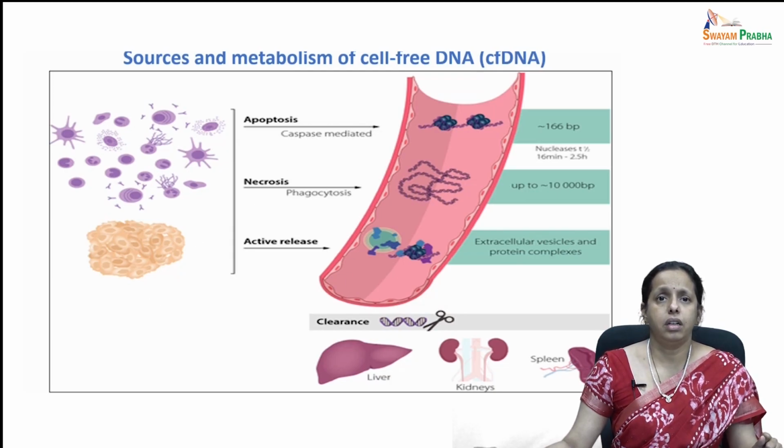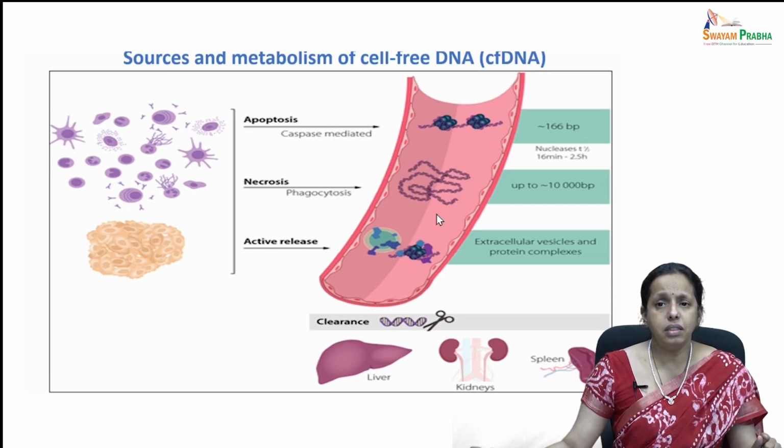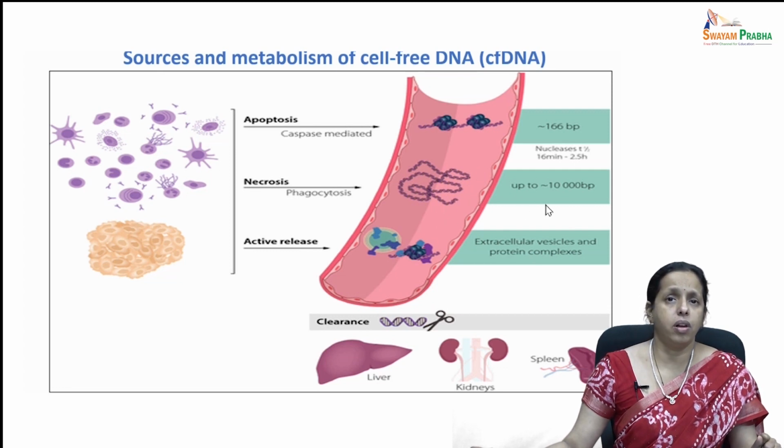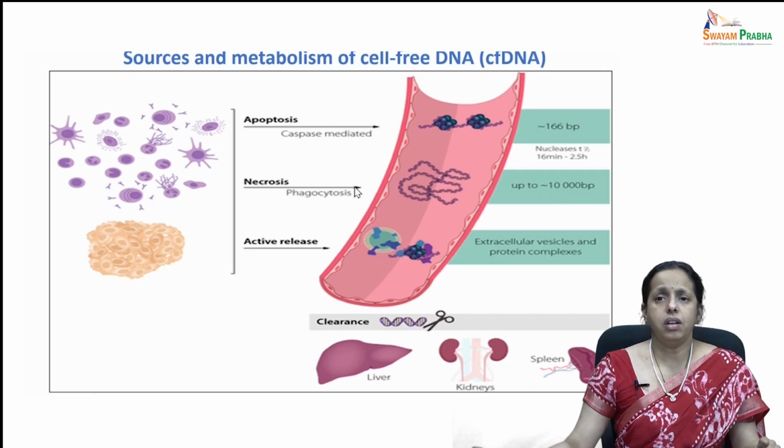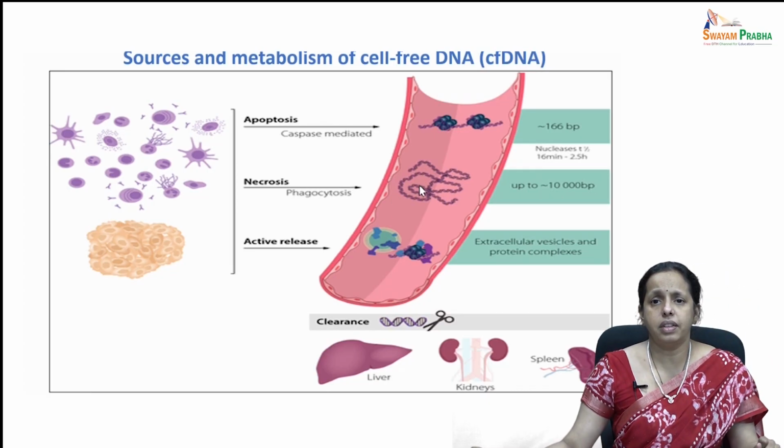There is apoptosis, then you have necrosis. Caspase-dependent apoptosis, and necrosis will result in larger fragments of degraded DNA, and this process will require phagocytosis, that is the digestion of these dead cells.